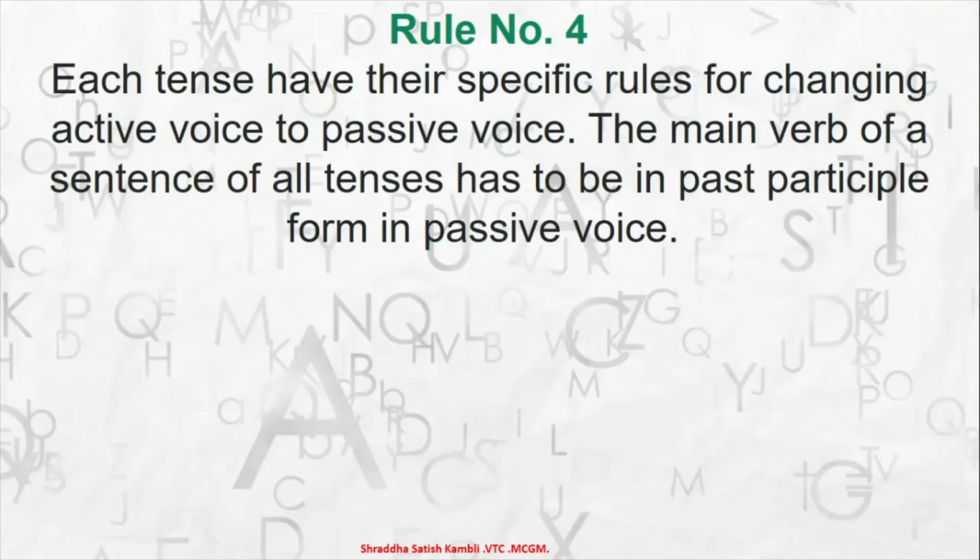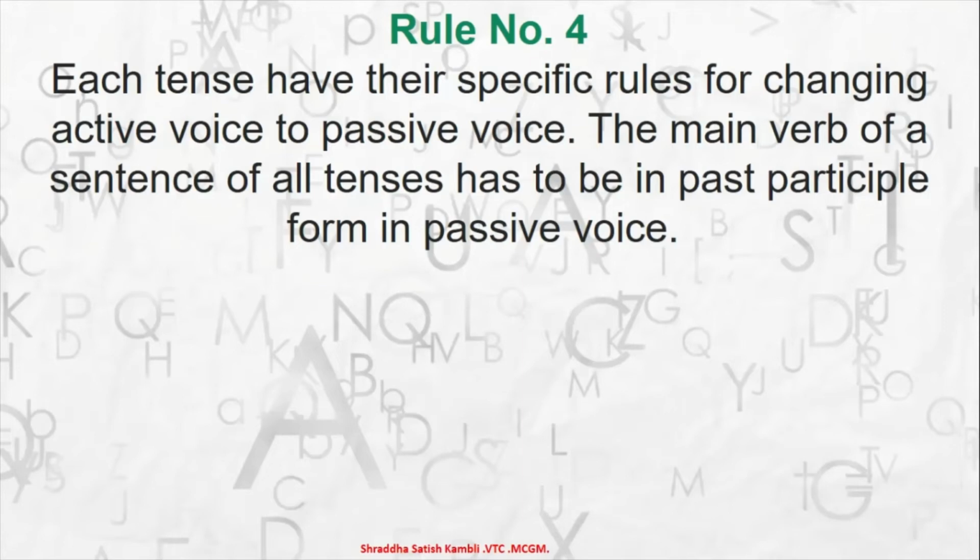Coming to the second last rule, that is rule number 4. Each tense has its specific rule for changing active to passive voice. Each tense has got its own particular rule. The main verb of a sentence in all tenses has to be in the past participle form in passive voice.